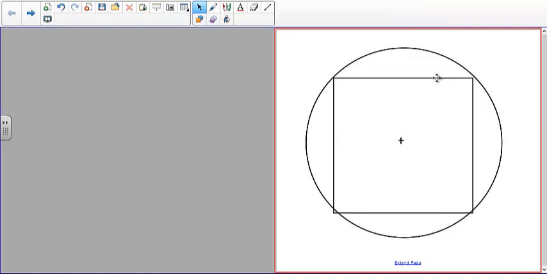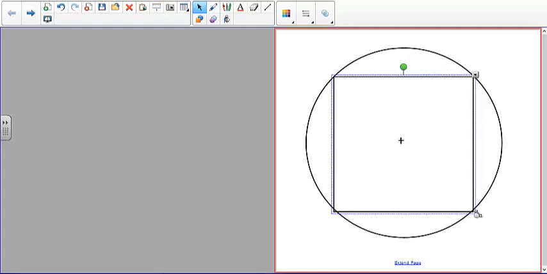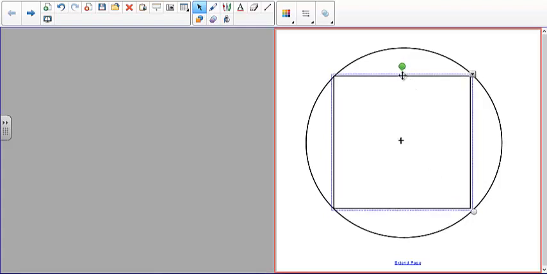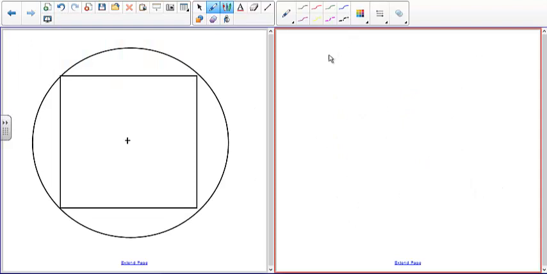So we have a circle, and inside this circle we have a square, and I'm just trying to get it the right size so that it's actually inside exactly, or close enough. Okay, so what we're trying to do here is estimate the circumference of a circle.